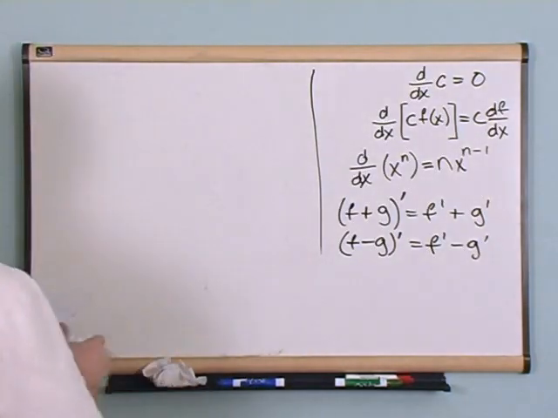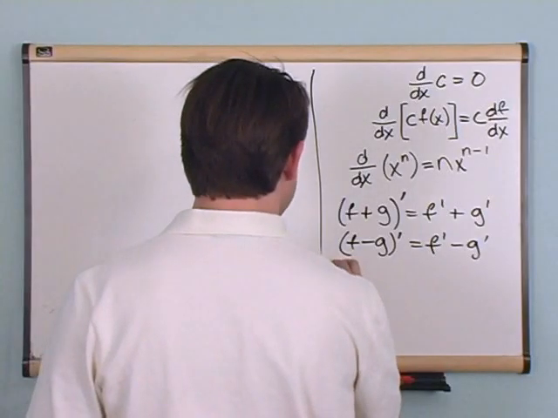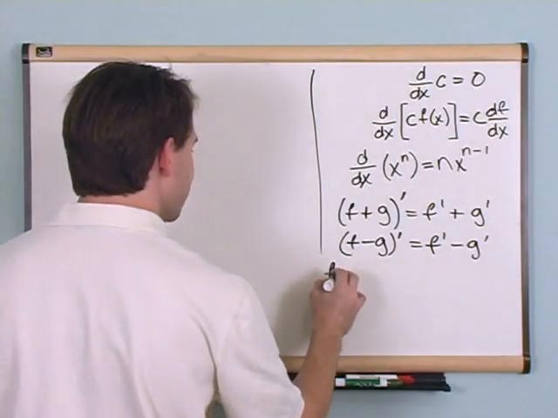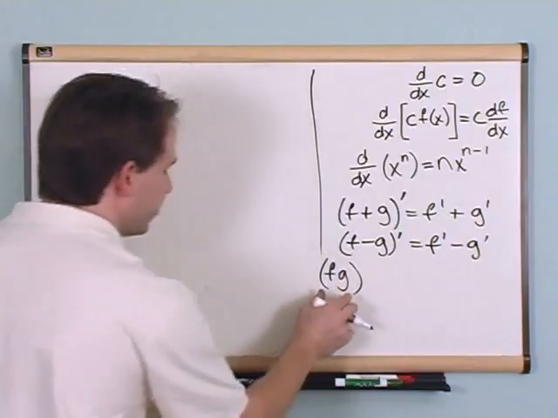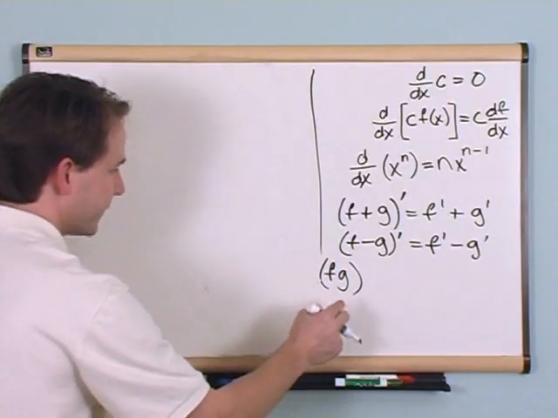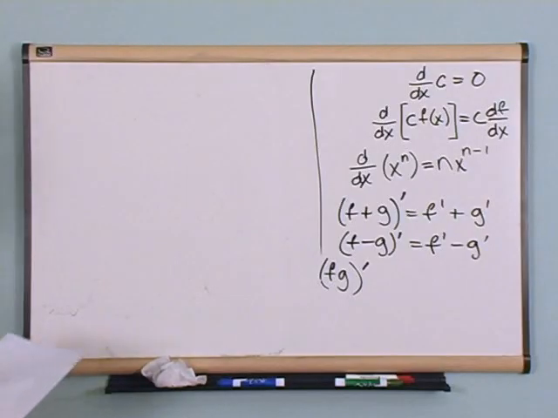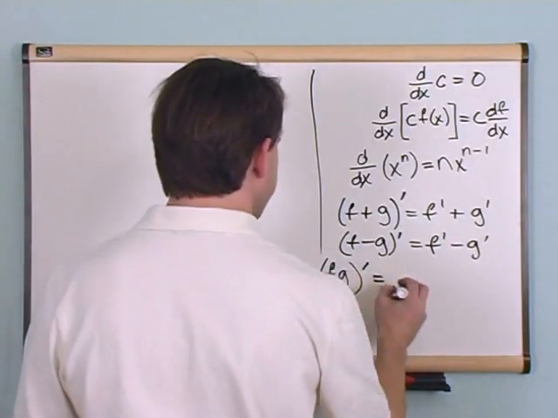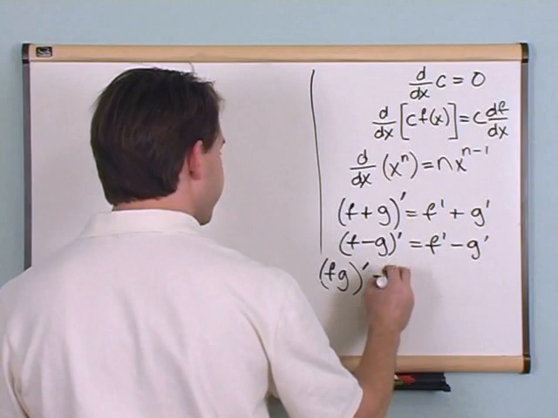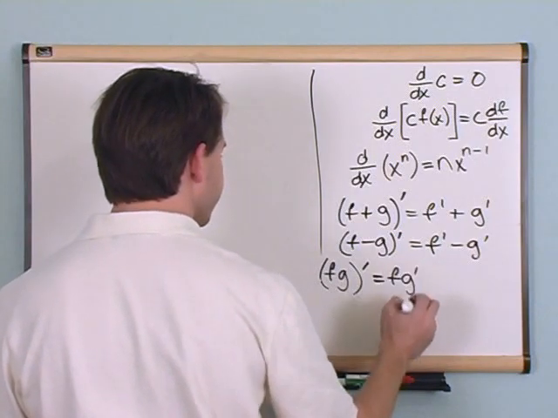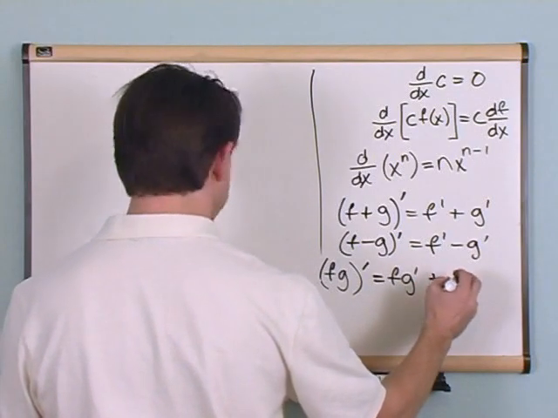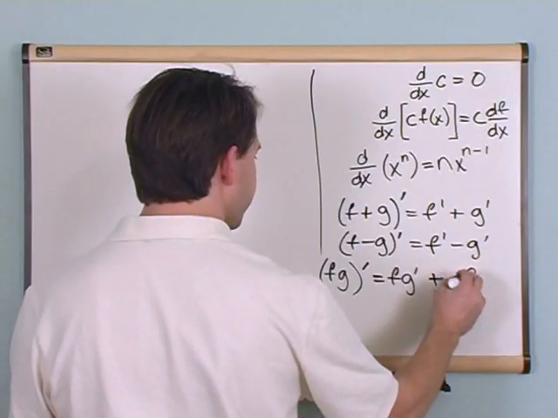What if you had a function f times a function g, and when I say a function, I mean these are each functions of x, and you're going to take the derivative of that product there. How do you do that? What you do is you have the first function times the derivative of the second function, plus the second function times the derivative of the first function.